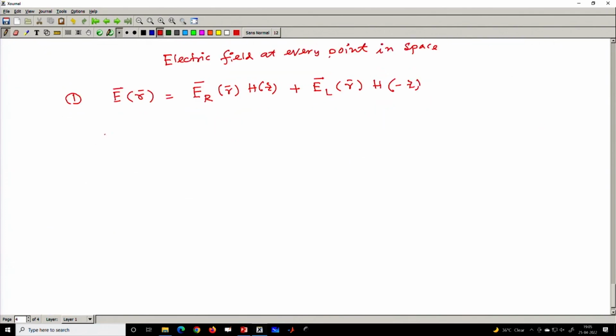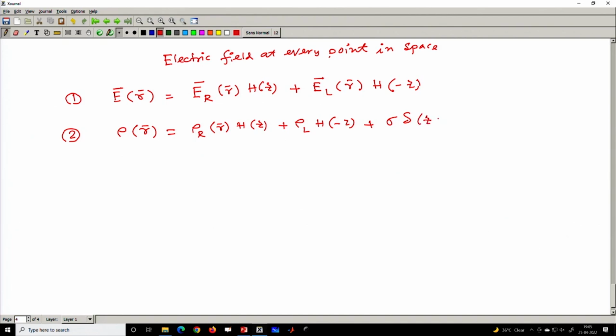And what is the total charge density? In a similar way, rho of r is equal to rho R with the Heaviside function like before, plus rho L with the Heaviside function of minus z, plus whatever we have as the surface charge density at z equal to 0.